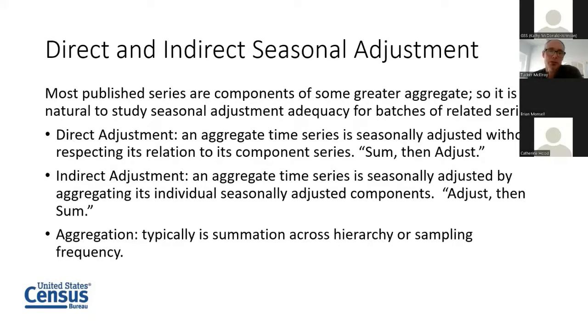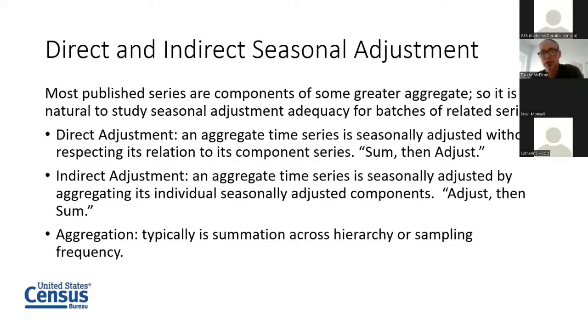Okay, so first is the discussion of direct and indirect. So most published series in official statistics are components of some greater aggregate. Typically, there's a hierarchical structure to the time series data that's published. So it's pretty natural to study seasonal adjustment adequacy on batches of related series.